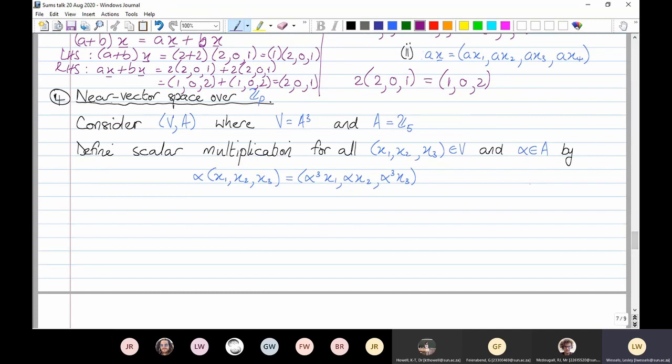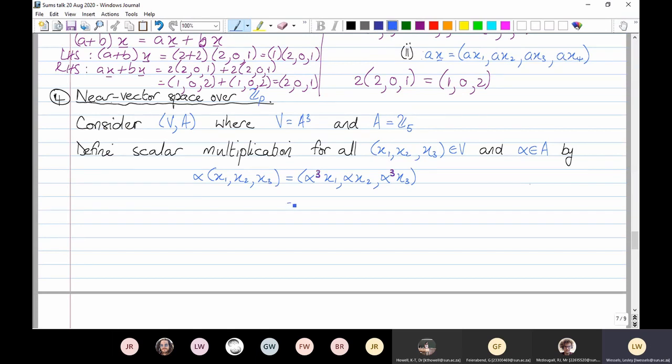So consider V over A, where V is a copy of A, and let's say A is the field Z5. We define a scalar multiplication for all x1, x2, and x3 in V and alpha in A as follows. You'll see that it's not a straightforward multiplication because certain alphas are raised to the power 3.